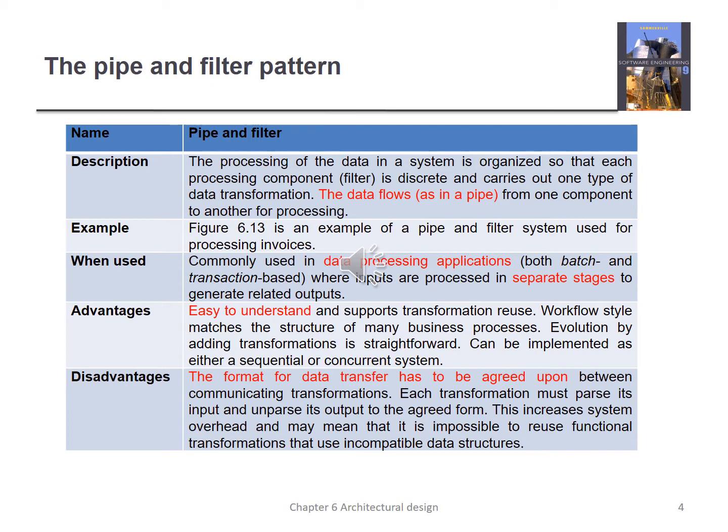Pipe and filter is a simple architecture style which connects a number of components that process a stream of data. Each connects to the next component in the process pipeline via a pipe, the arc. We start with a data source. It goes through the pipe, then to a filter, the program.